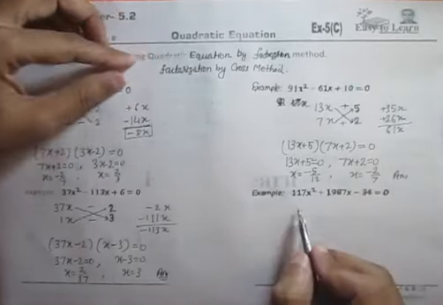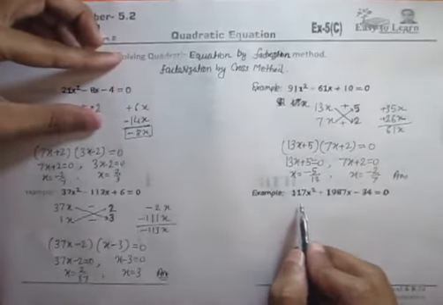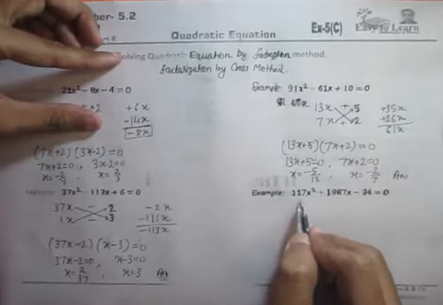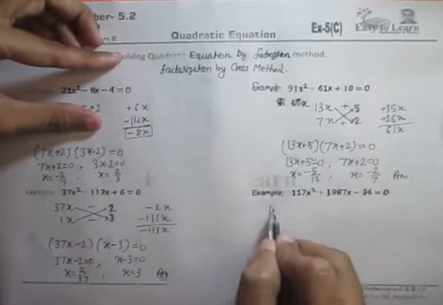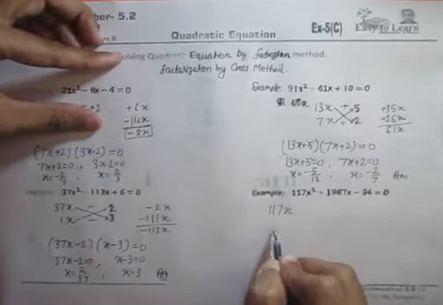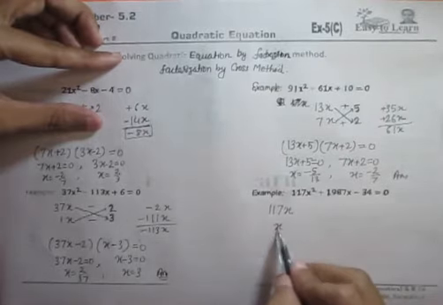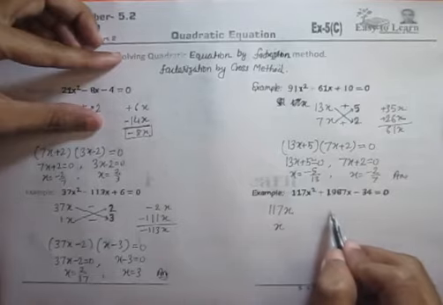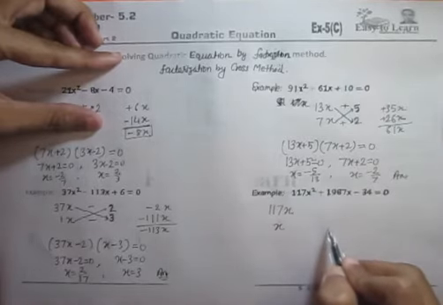Now suppose we have to solve this equation by factorization method. So 117 can be written as 117x because its multiplication will be 117x square. Now 34 can be written as either 17 into 2 or 2 into 17.